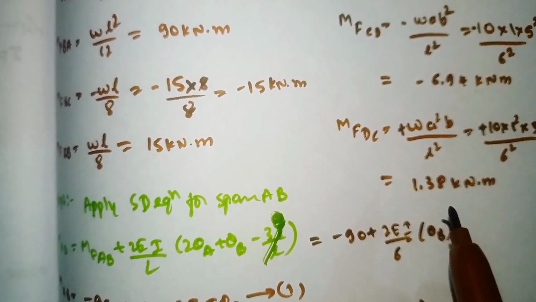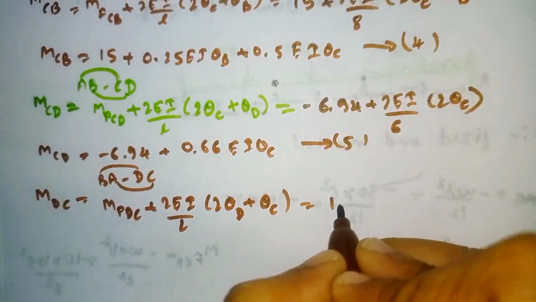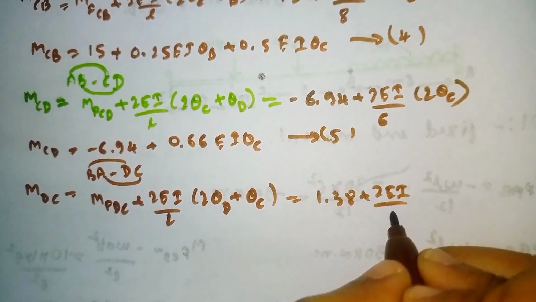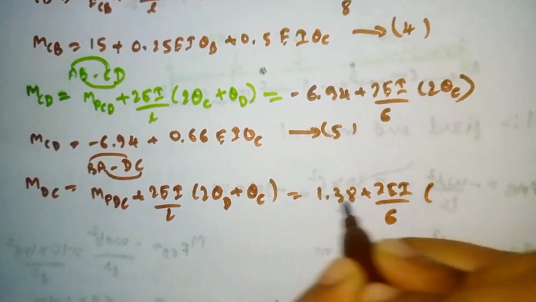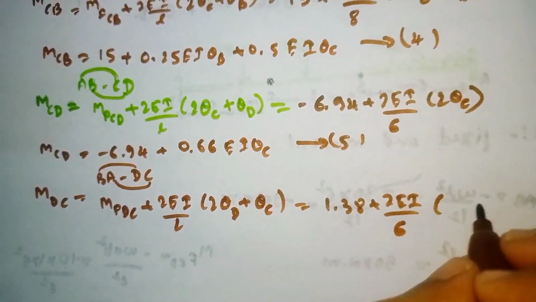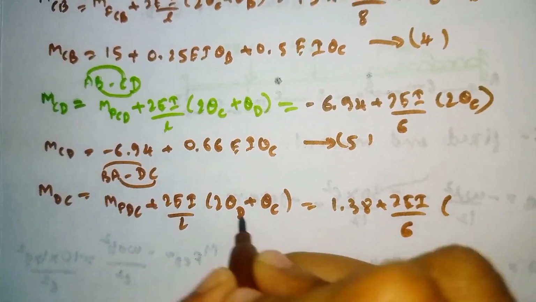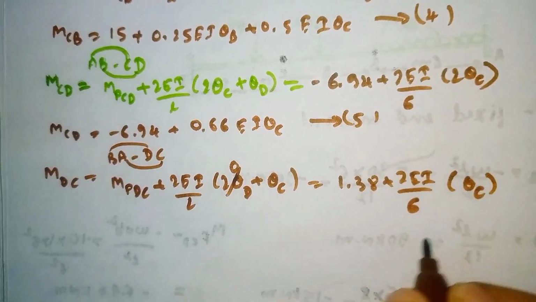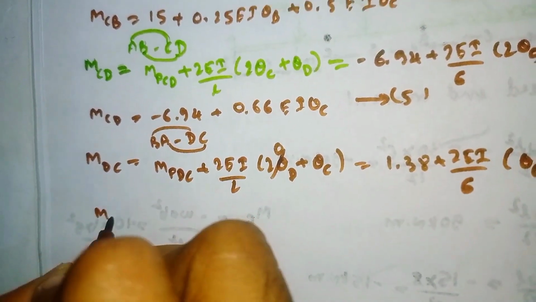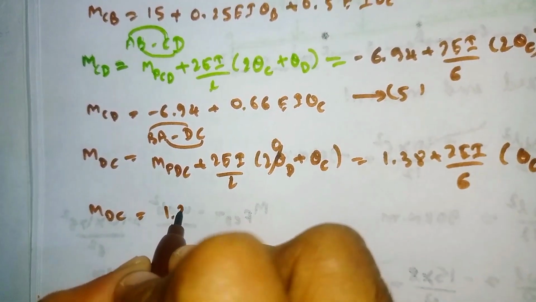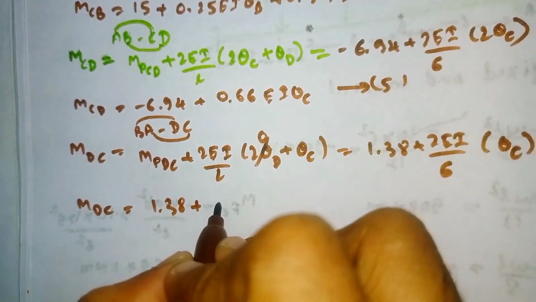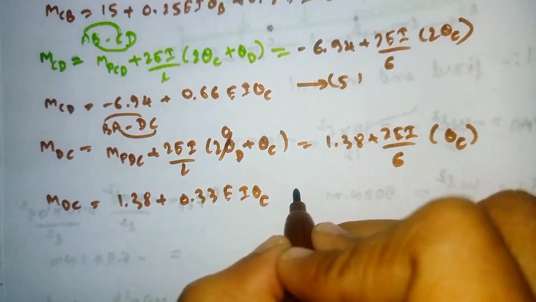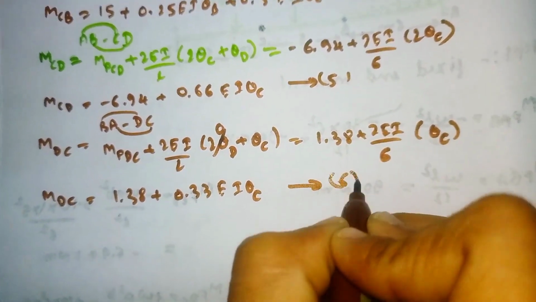So put this value there: MFDC 1.38 plus 2EI divided by L, which is 6, into 2 theta D. Theta D is fixed end, so it becomes 0. Theta C has some value. Simplifying, our MDC value comes out as 1.38 plus 0.33 EI theta C. Call it equation number 6.